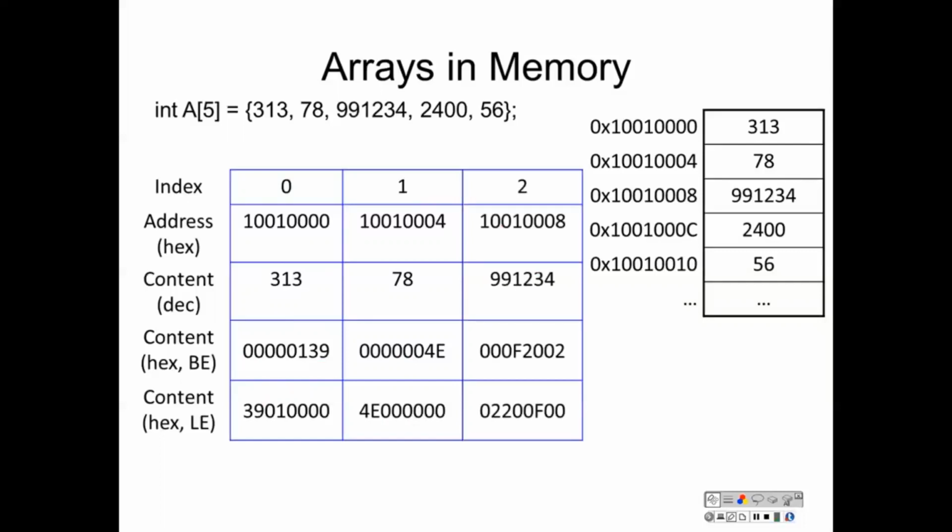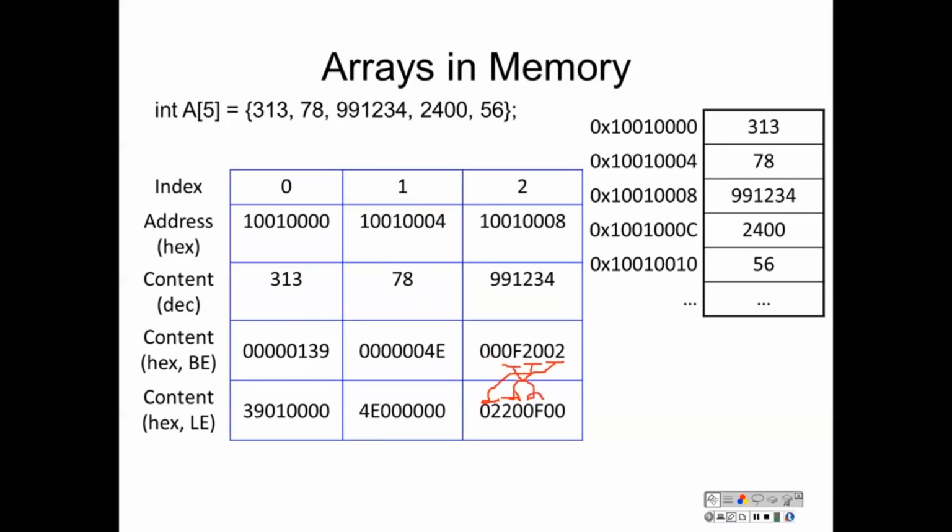Index 2 is similar. Now we look at the hexadecimal of this relatively larger decimal number. These pairs of nibbles appear in the reverse order in the Little Endian. So that the 02 again comes down to here on the most significant part of the Little Endian representation. Then 20 appears over here, and 0F over here.